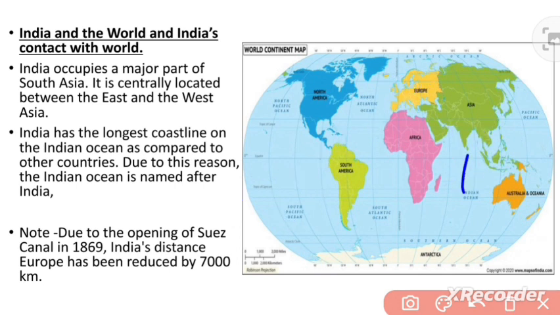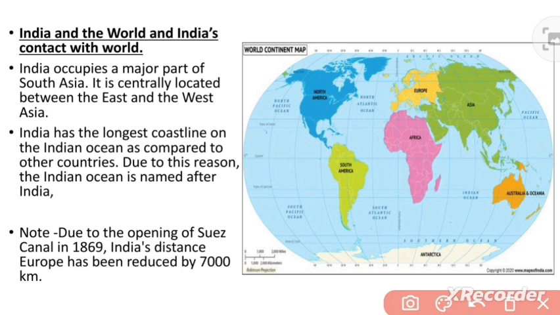You can see which ocean is there, Indian Ocean. That's why it's called Indian Ocean. Why? Because India has the longest coastal line on the Indian Ocean. You know there is a Suez Canal, it opened in 1869. Suez Canal opened in which year?